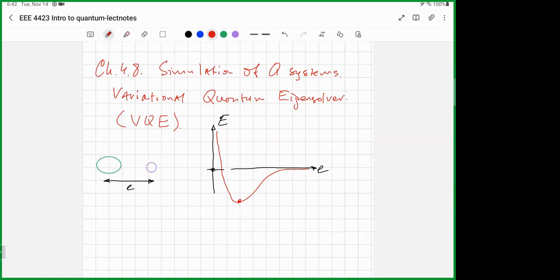So having such a variational quantum eigensolver allows us to compute the states of molecules, like of complex molecules.